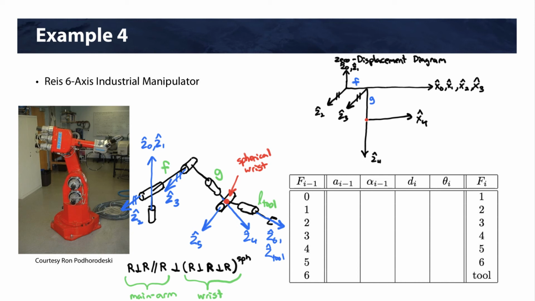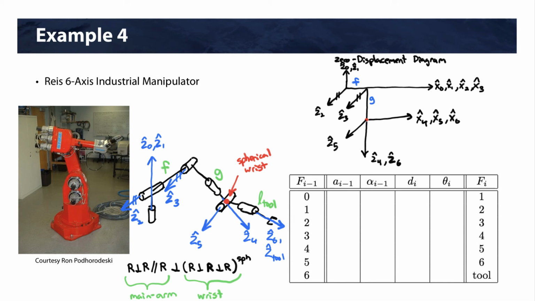Okay, Z5 is perpendicular to Z4, so we're going to draw it out of the page. X5 will be there. And then Z6 is perpendicular to Z5, so it's going to go down. X6 there.